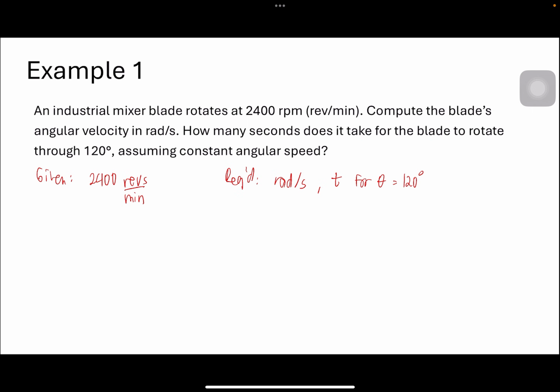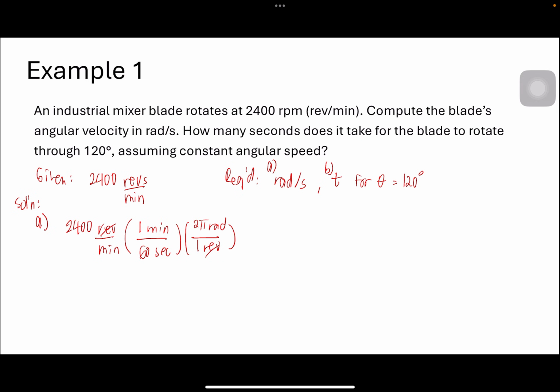So for letter A, to solve, we just need to convert 2,400 revolutions per minute using conversion factors: in every 1 minute there's 60 seconds, and in every 1 revolution there is 2 pi radians.